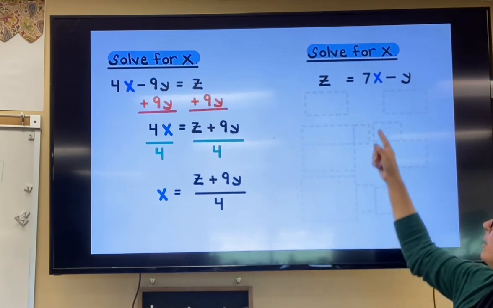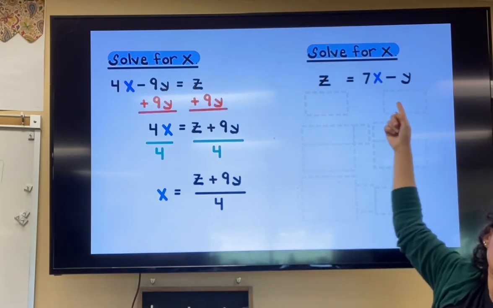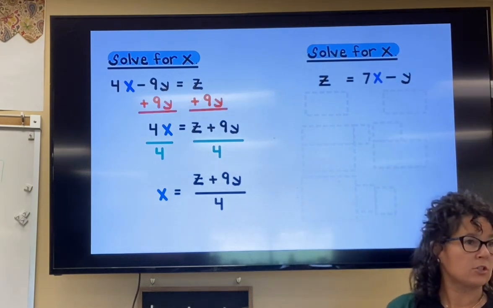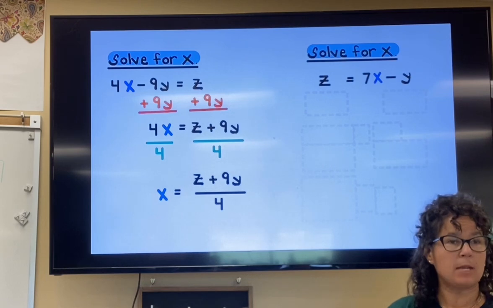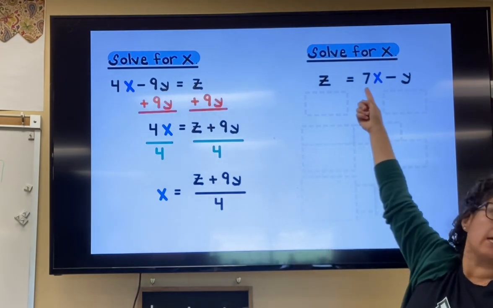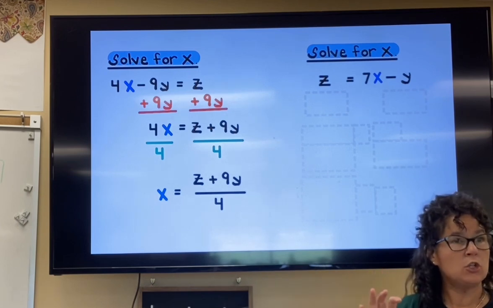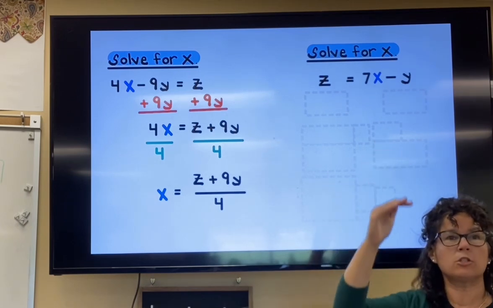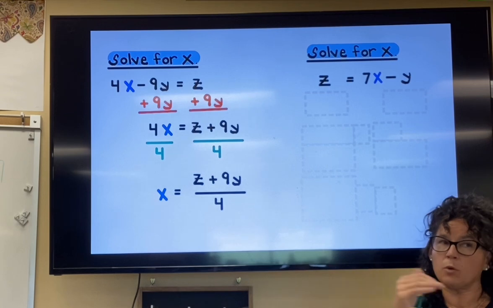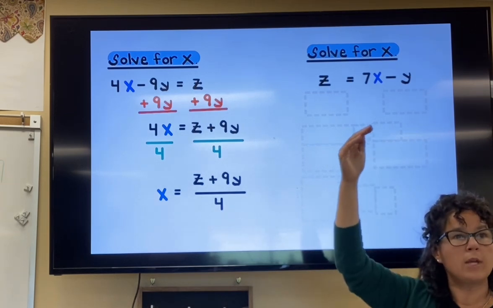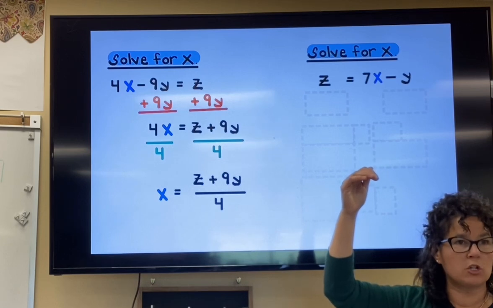Okay, so one more here. I've highlighted the x because that's what we're trying to get by itself. So you ask yourself, what is keeping the x from being by itself? And it's the times 7 and the minus y. If we undo PEMDAS, please excuse my dear Aunt Sally, we're getting rid of addition and subtraction before we get rid of multiplication and division.